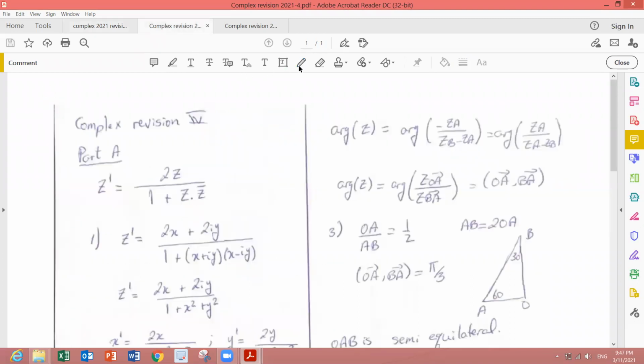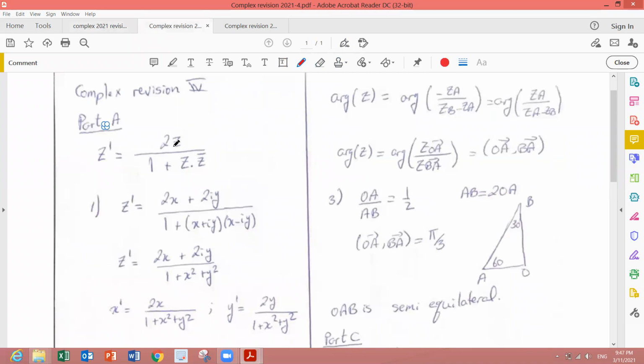So here, part A, Z prime equal to Z over 1 plus Z Z bar. Z prime equals, we replace Z by X plus IY. It becomes 2X plus 2IY over 1 plus X plus IY into X minus IY.